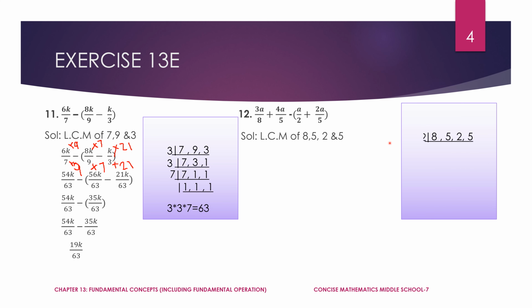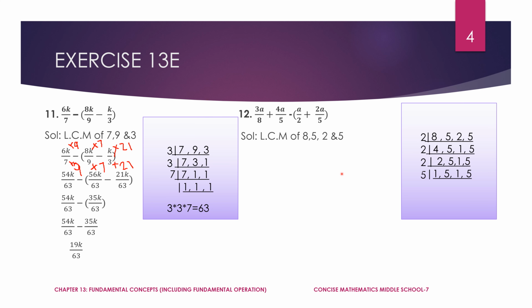Here start with 2. 2 4s are 8 and 5 as it is. 2 1s are 2 and 5 as it is. Again start with 2. 2 2s are 4. 5 write down as it is. 1 and 5 as it is. Now again with 2. 2 1s are 2. 5 write down as it is. 1 and 5 as it is.